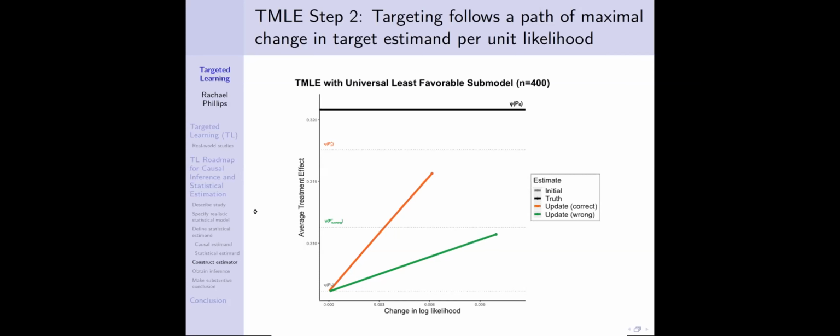So we can see that the slope of this line is greater. We're getting the maximum change in target parameter. And if the superlearner estimate is already very close to the truth, then of course the update won't do very much. In this example, it's a little bit further away, so the targeting has more of an effect on the change of the estimate.